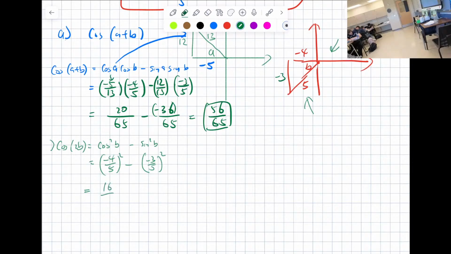So that's equal to 16 over 25 minus 9 over 25. So it'd be 7 over 25. Is this okay? I just used an identity, that's it.